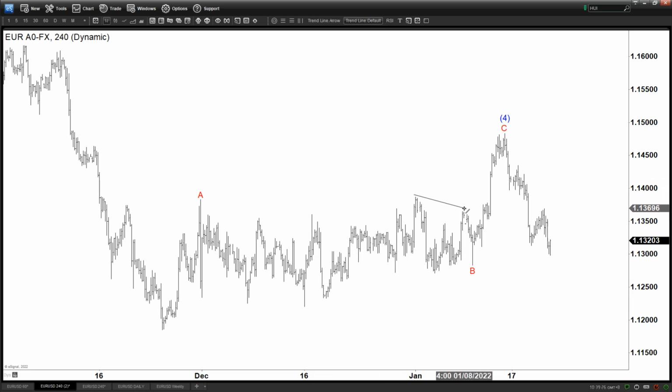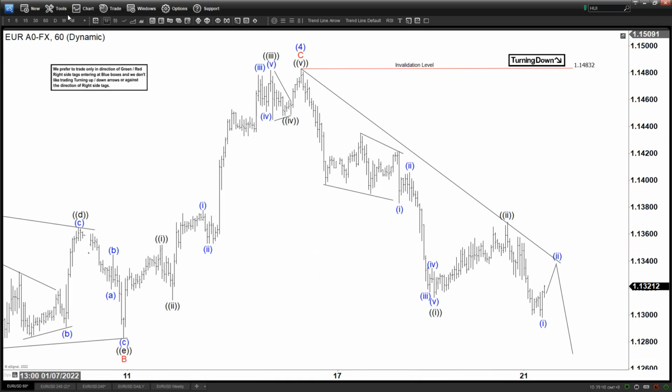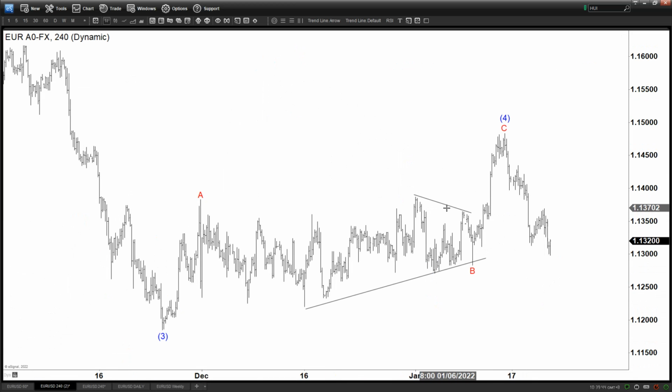This is a complex structure, and then that has to be our 3. That's the way we make sense of the count, even if we don't see every single wave in the shorter time frame. Okay, now first of all, let's notice a couple of things here.